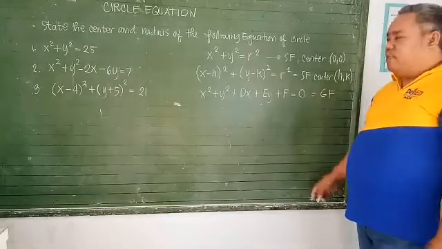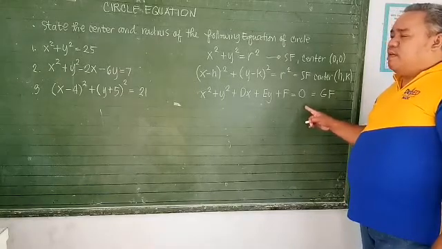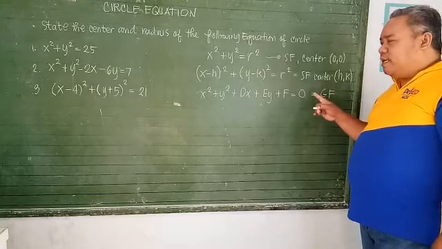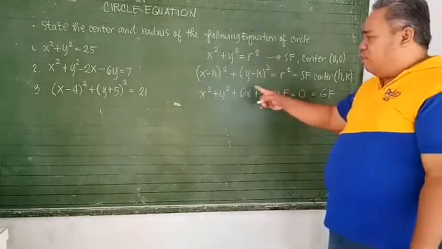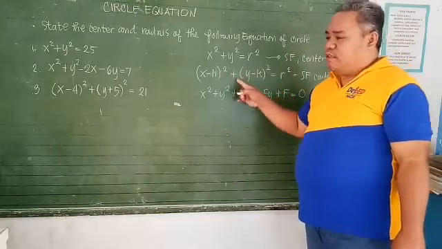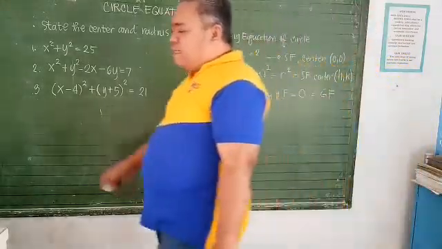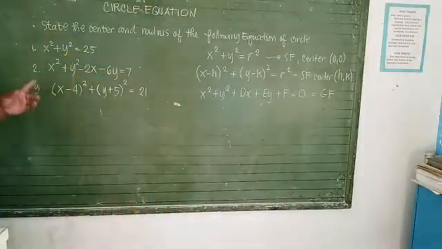So the general form should look like this, and when you say vertex or standard form, it should look like this one, wherein you can see the vertex, or center, of your circle. Is that clear? So without further ado, let us now discuss how we are going to solve this type of problem.